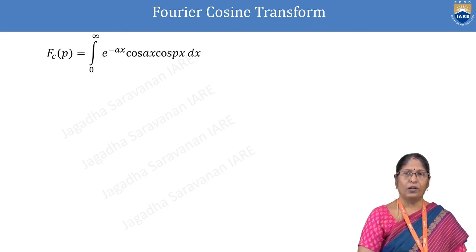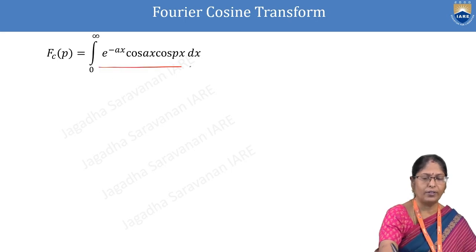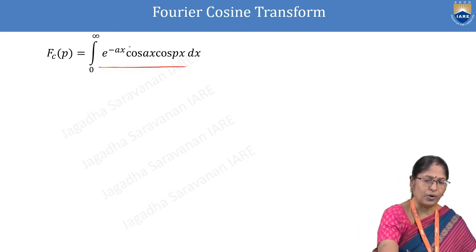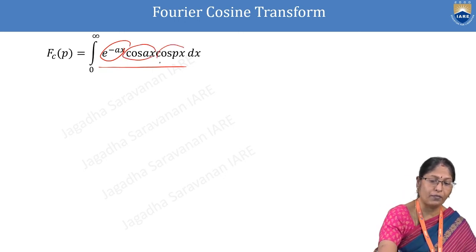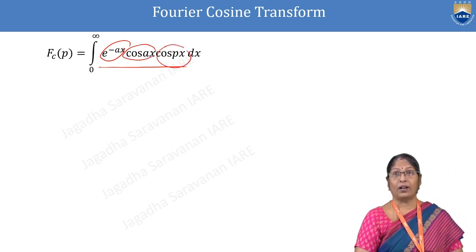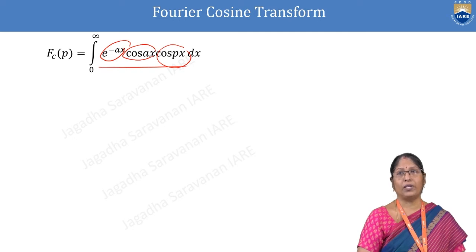So now we are noticing the integral we have to do. One exponential, two trigonometric functions are there, cos ax, cos px. If any two trigonometric functions come, then we have to take the corresponding formula.